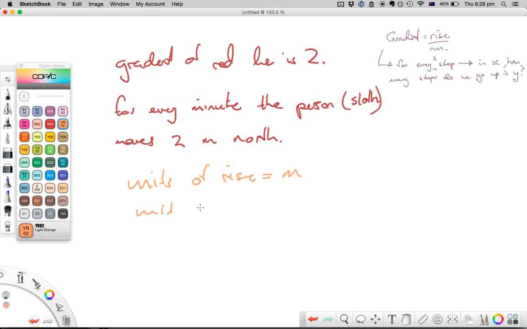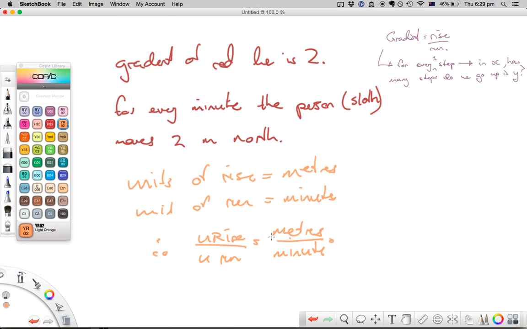Units of run across equals minutes. Right? Therefore, units of rise over units of run equals meters per minute. So that makes more sense, doesn't it?